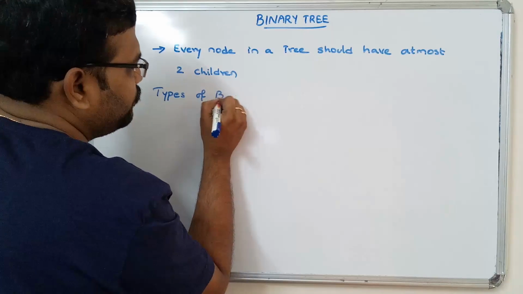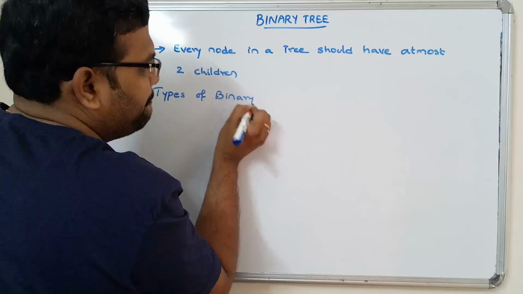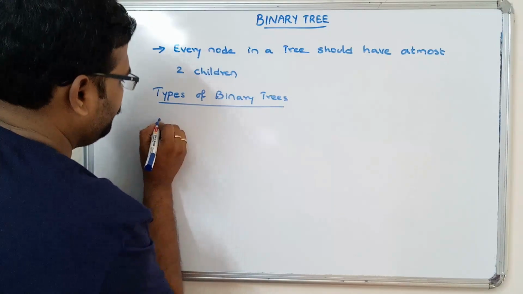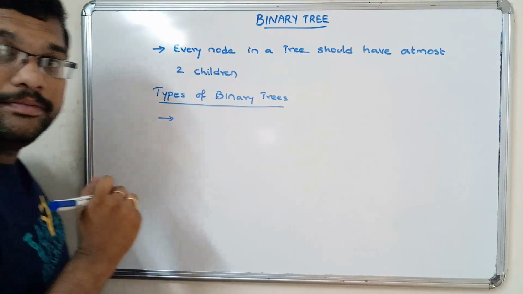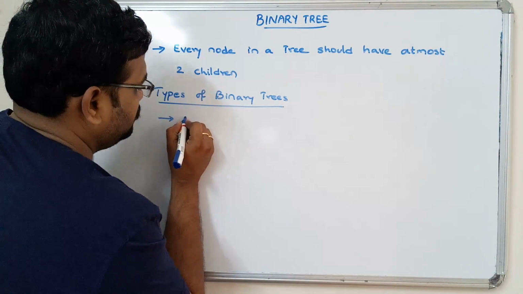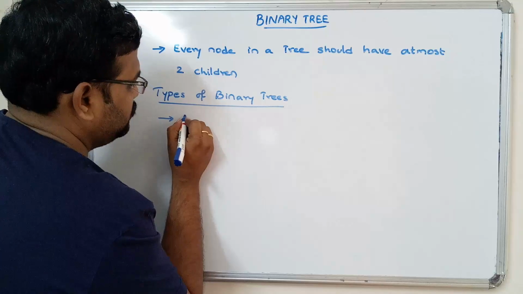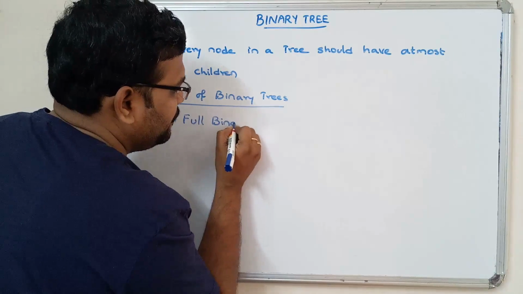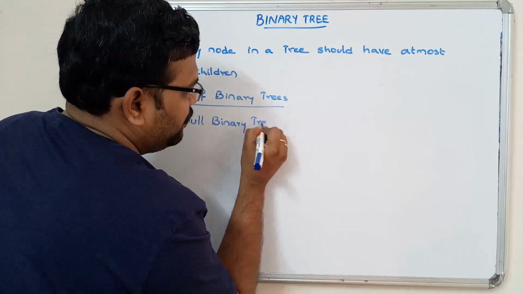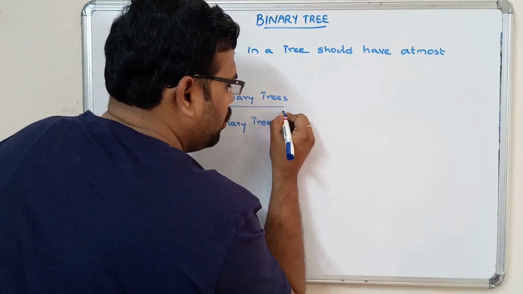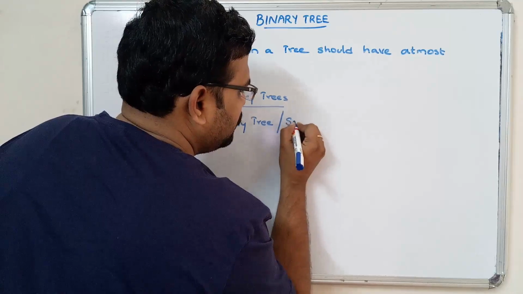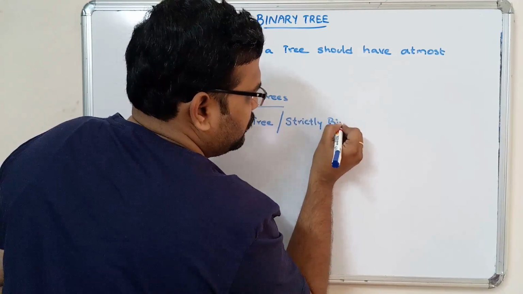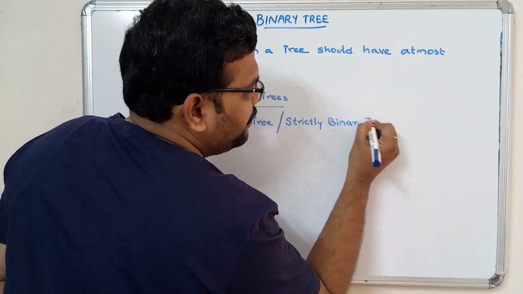Types of binary trees. First one, full binary tree, or this can also be called strictly binary tree.